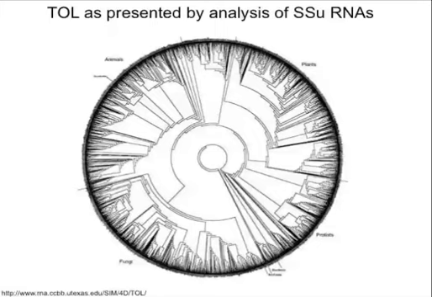What have they done? They have analyzed through sequence comparisons the small subunit, here we're referring to the ribosome, the small subunit RNA. So I've mentioned in previous classes that the ribosome is a molecule, a complex of molecules that comes together to affect translation of RNA information into protein.